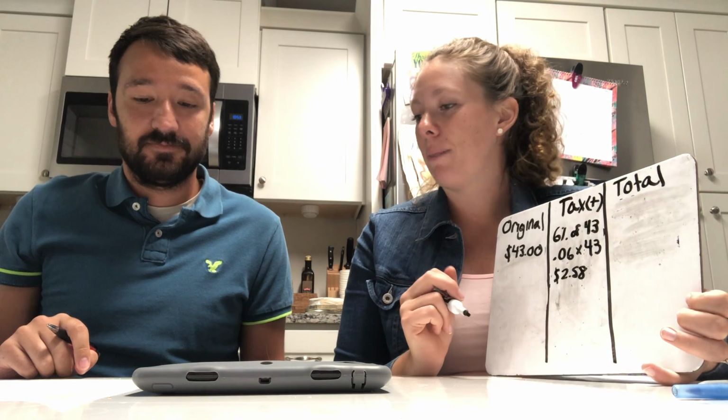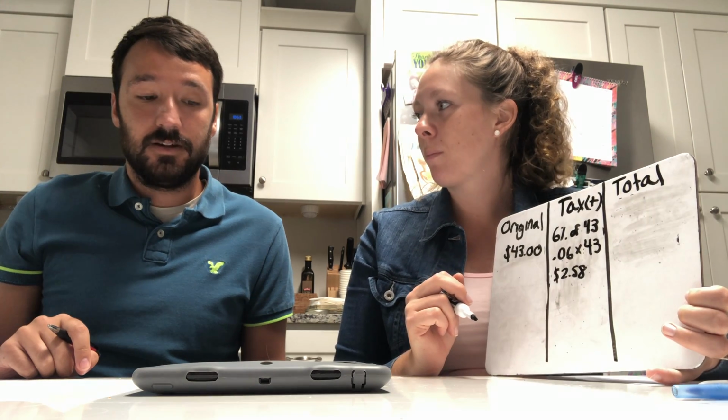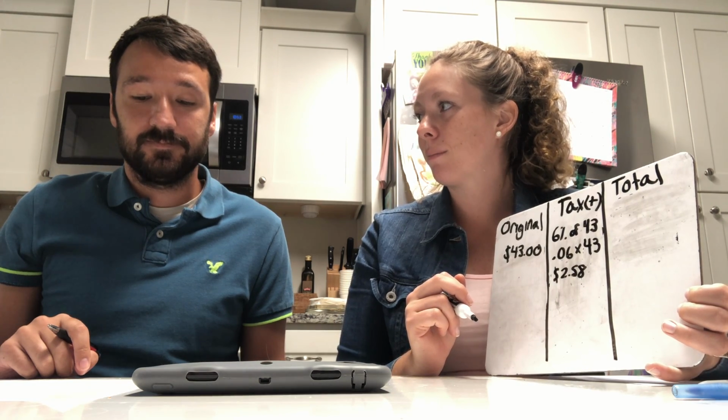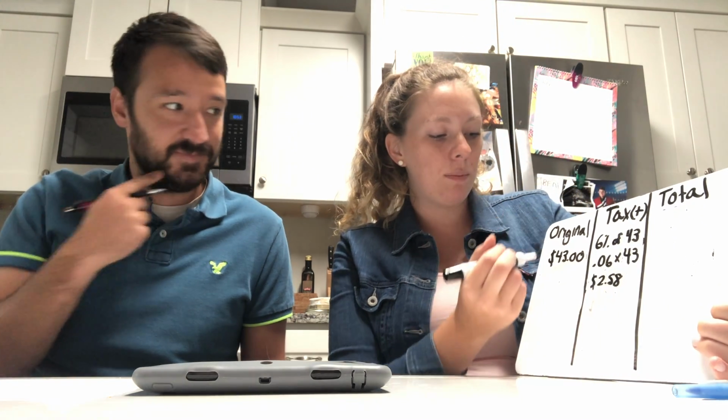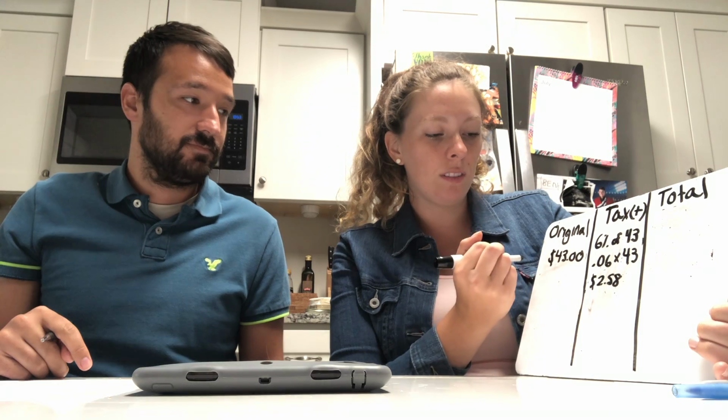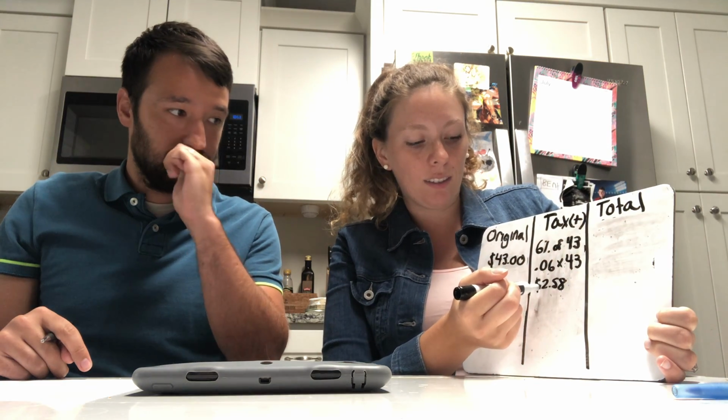So now what's the next step? I forgot. Okay. We're going to be taking the original and we're going to be adding, because we put the plus sign up here, the tax, which is $2.58. So we're adding.